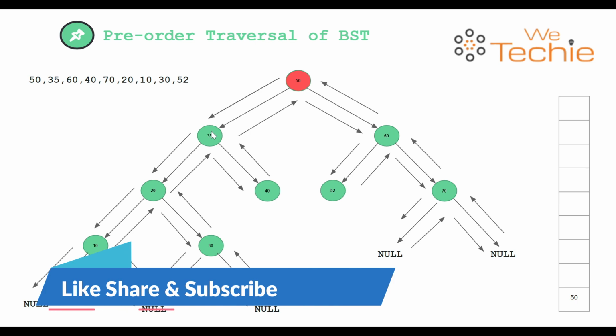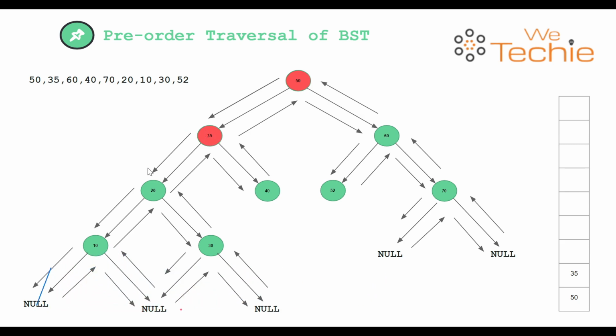If it is not null, the 35 will be added into the stack, and it will also print it on the console. Likewise, it will keep checking the left hand side, which is 20. As it is not null, like we have reference 35, left is pointing to the 20.